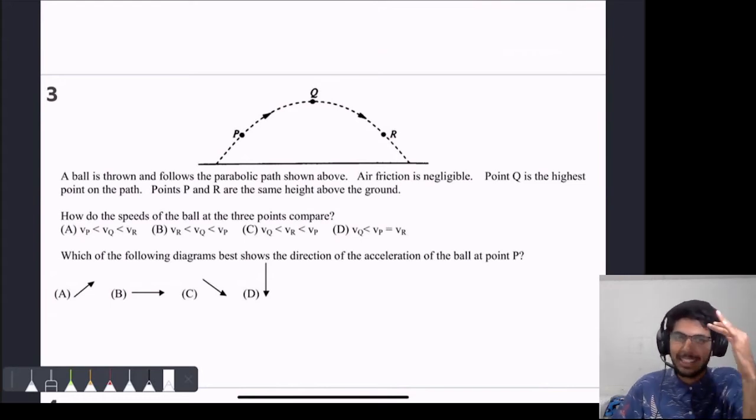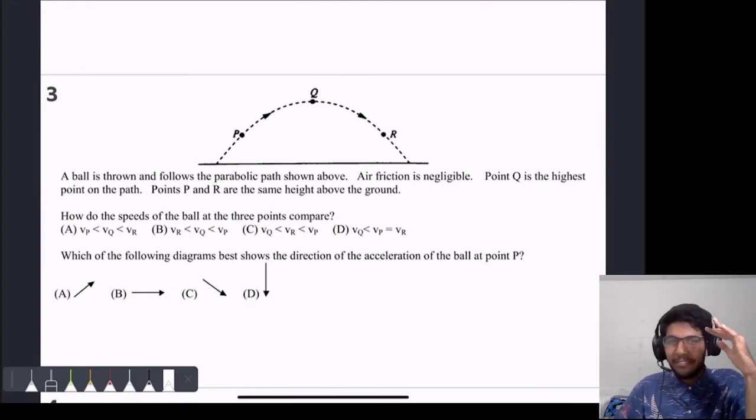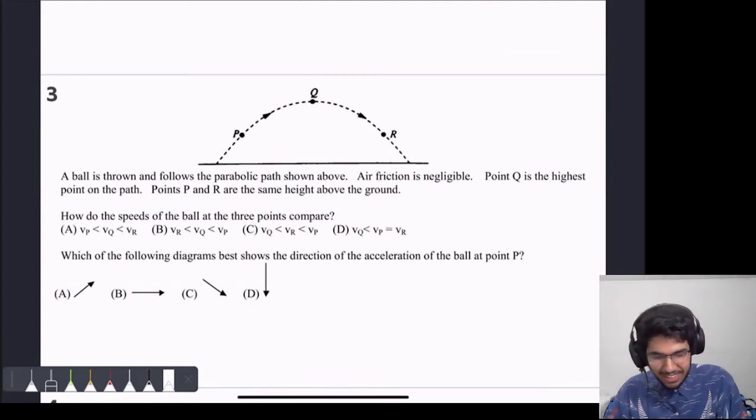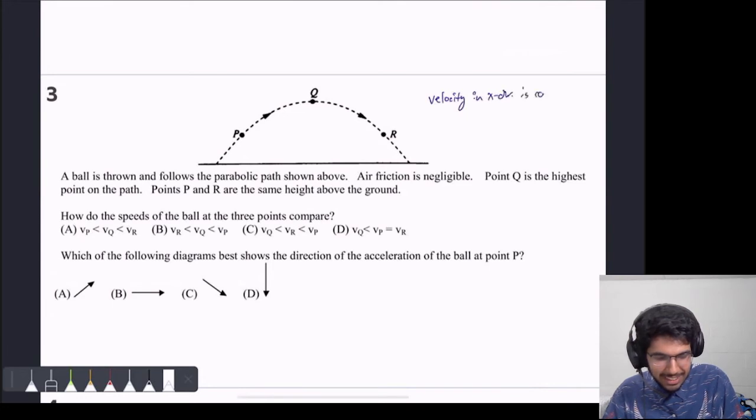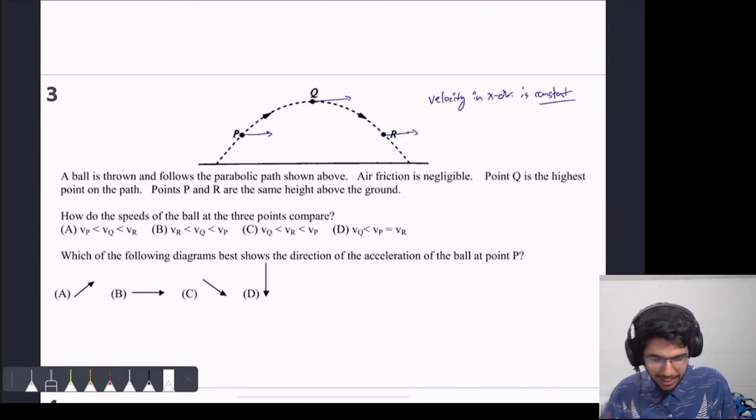This is a fantastic question. So, what is something that we know, and we should know this by now because I've said it so many times? We know that velocity in x direction is constant, right? There's some velocity here, which is the same here, which is the same here. I guess those aren't equal-sized arrows, but you get what I mean, right?